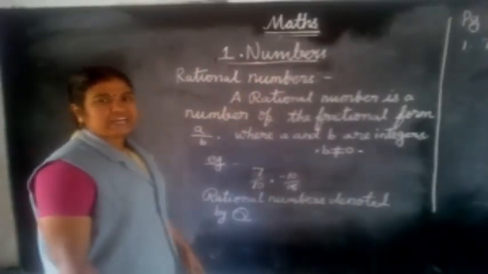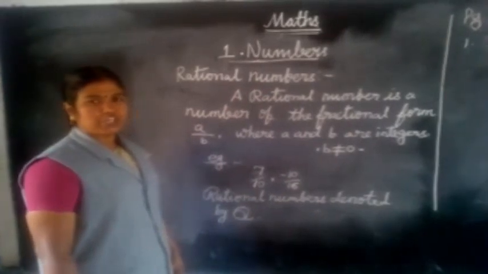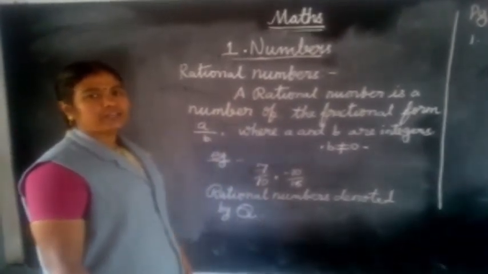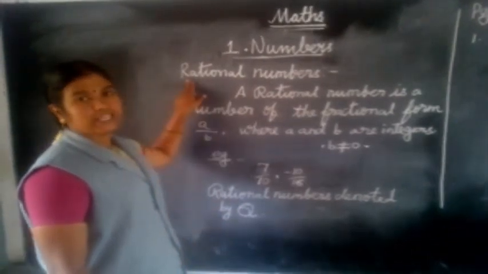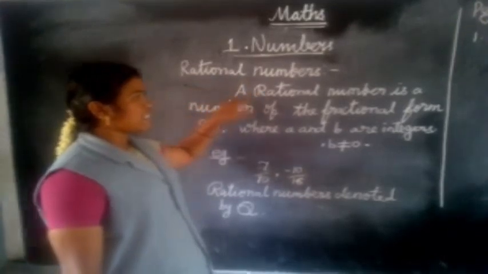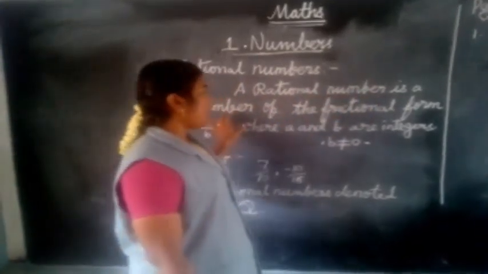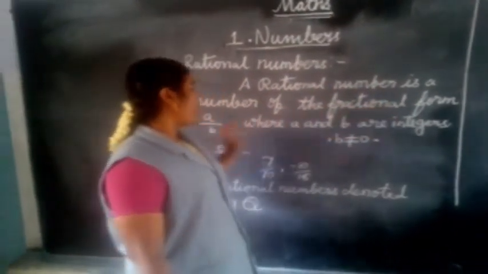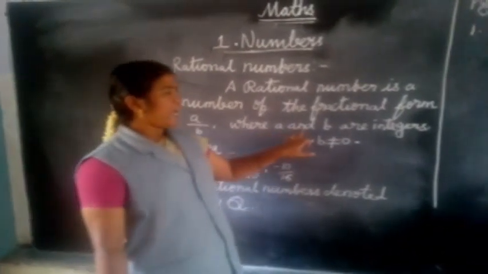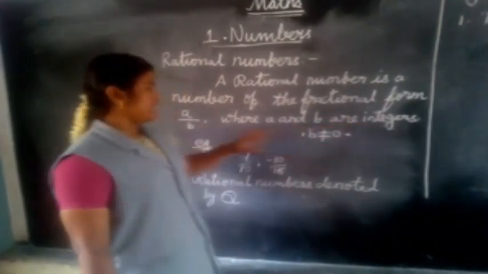In our previous class, we have seen natural numbers, whole numbers and integers. Today, we recall about rational numbers. What are rational numbers? A rational number is a number of the fractional form a by b, where a and b are integers.